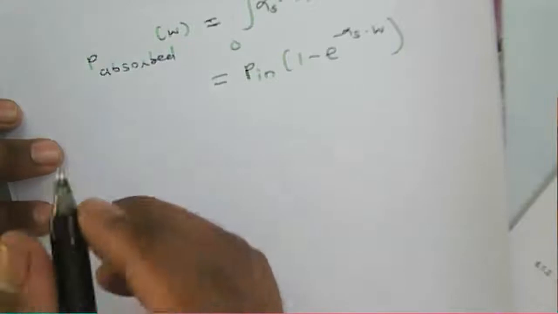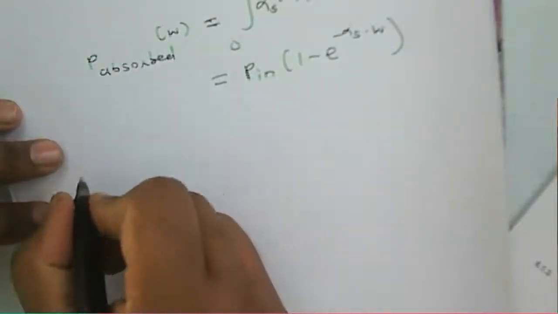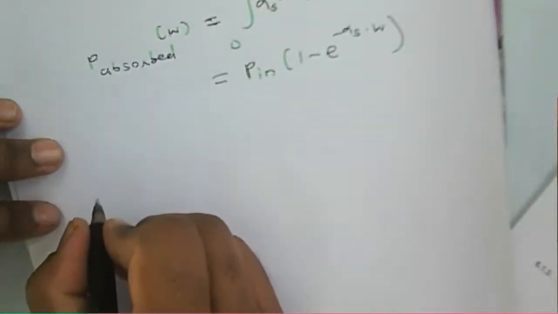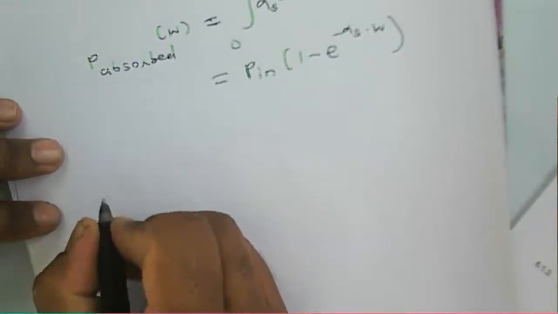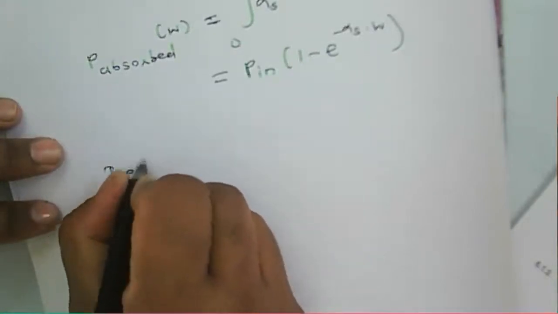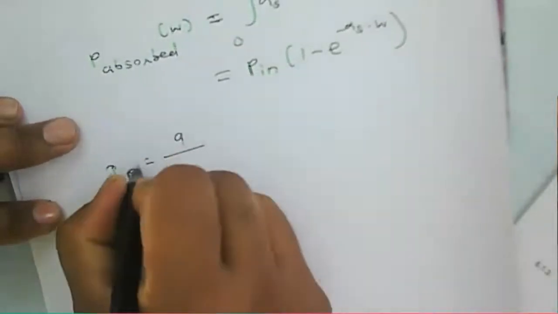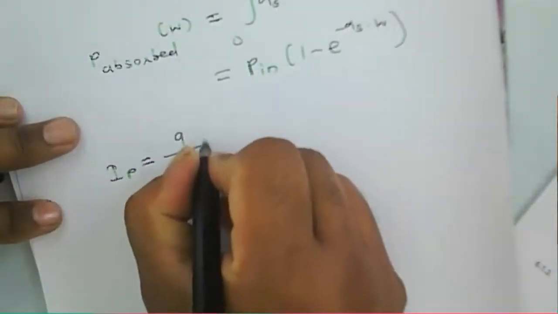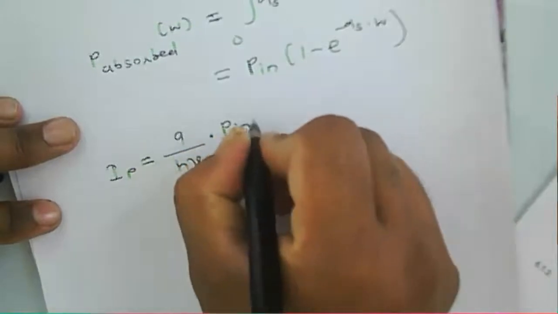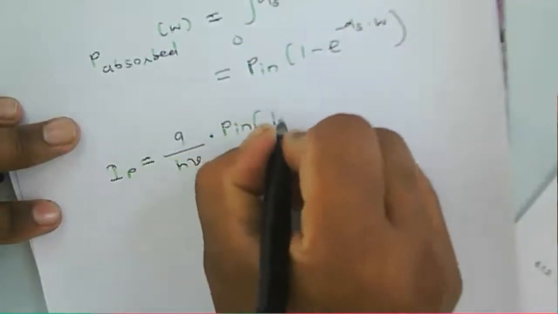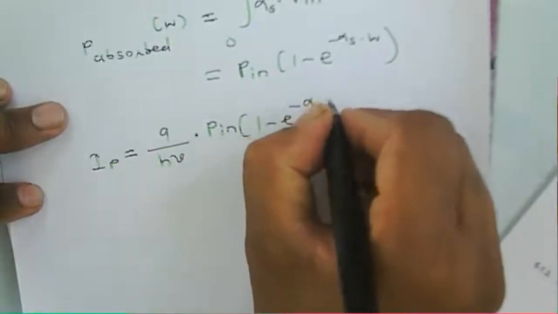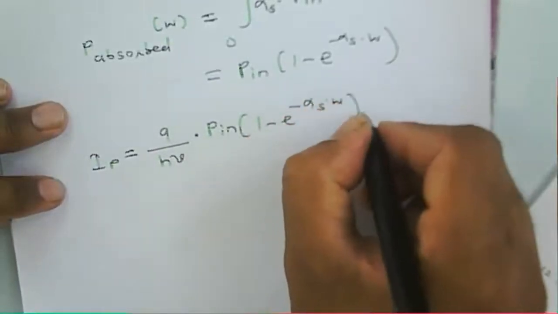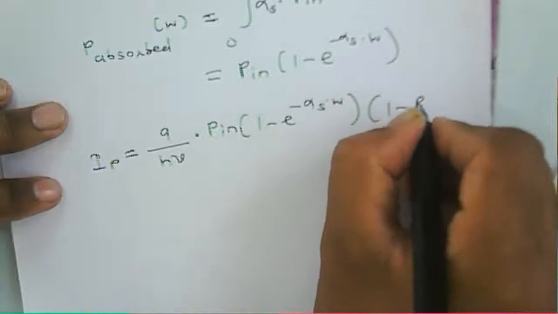Now we can calculate the photocurrent generated. The photocurrent is depending upon q by hν into P in, times (1 minus e raised to minus alpha s W), times (1 minus Rf).